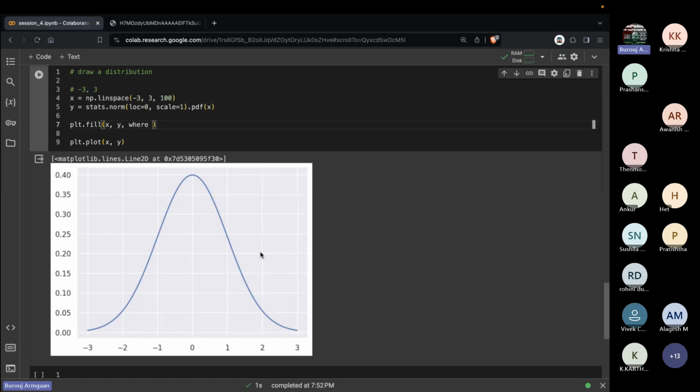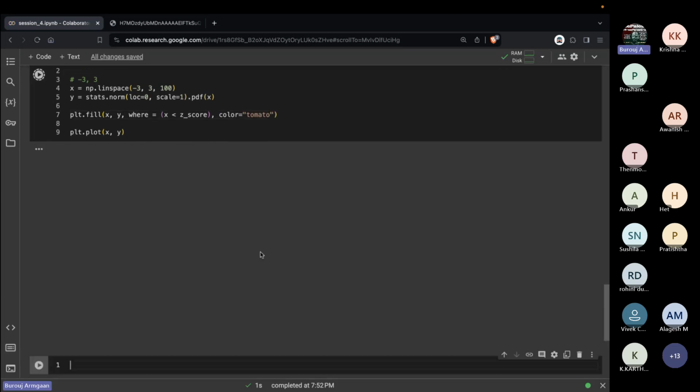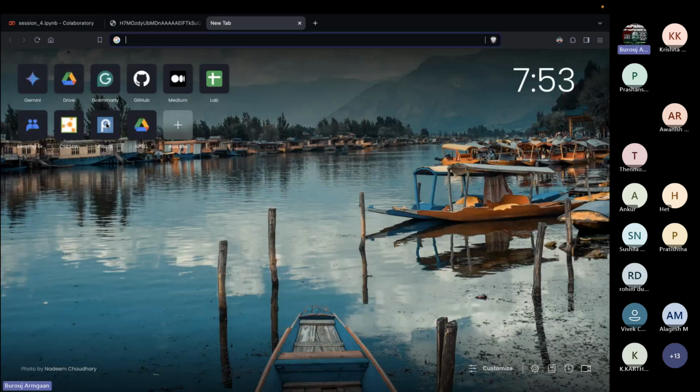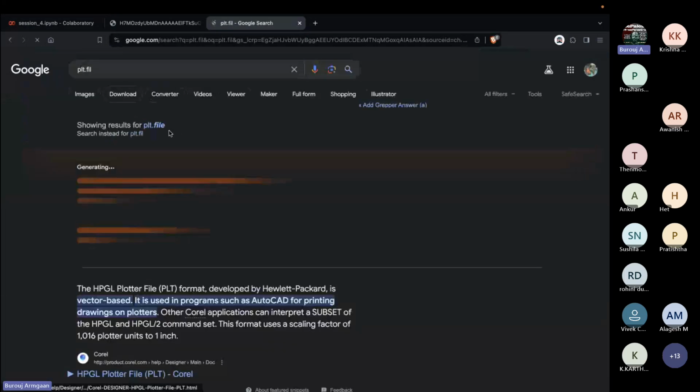In this case, I want to color it where x is less than the z-score.